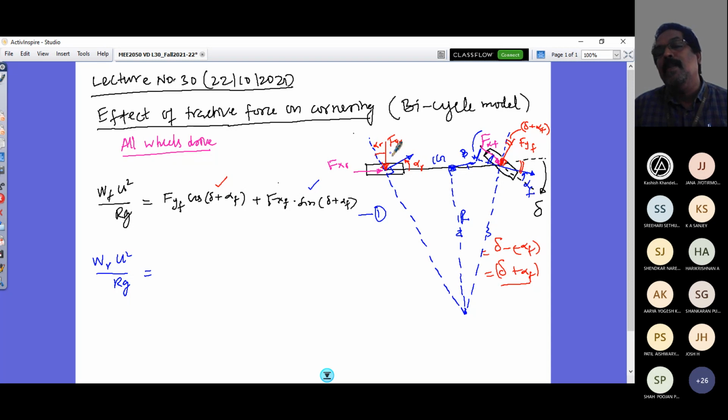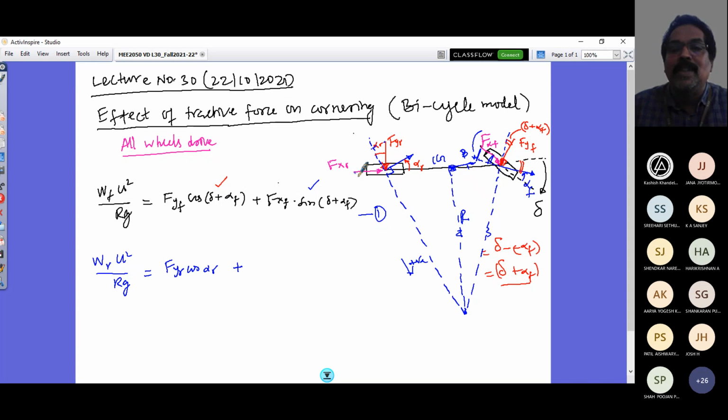So the component of this force along this line I should take, so I have to project on that. That would be Fyr cos alpha R plus, the direction here towards this is positive. So this is the positive direction.